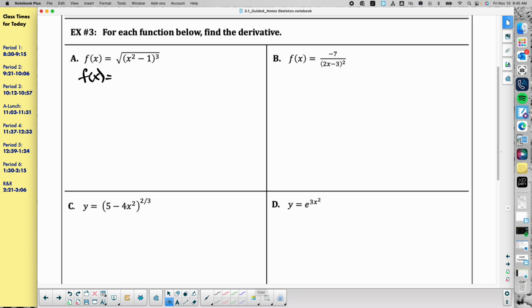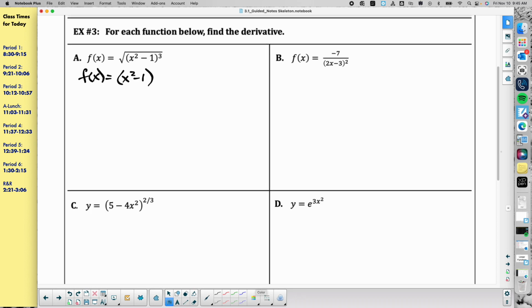X squared minus 1 in parentheses to the power of 3 over 2. Perfect. So the square root means it's going to be a half, and then the cubed on that parentheses would become the 3 on the top.